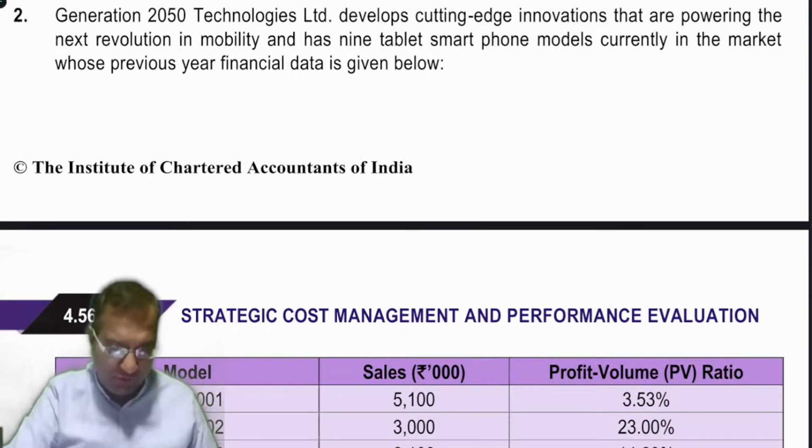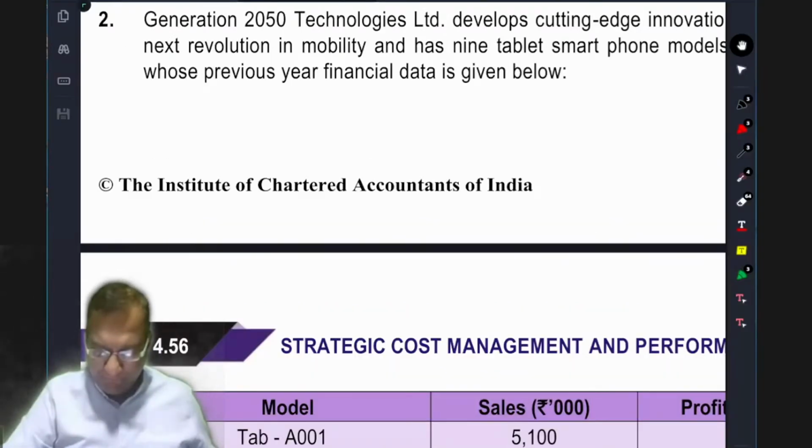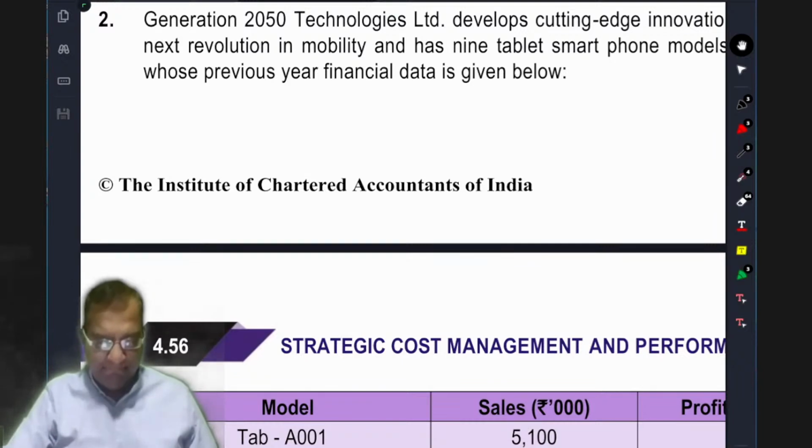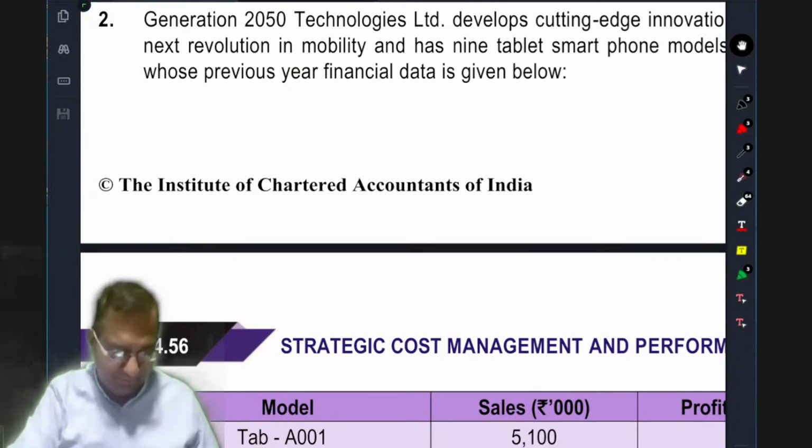Will you be able to recall that word? What is that most important word? Rashmi, Kanimuji, good evening, beta. While dealing with practical questions on Pareto analysis, what is the key word?